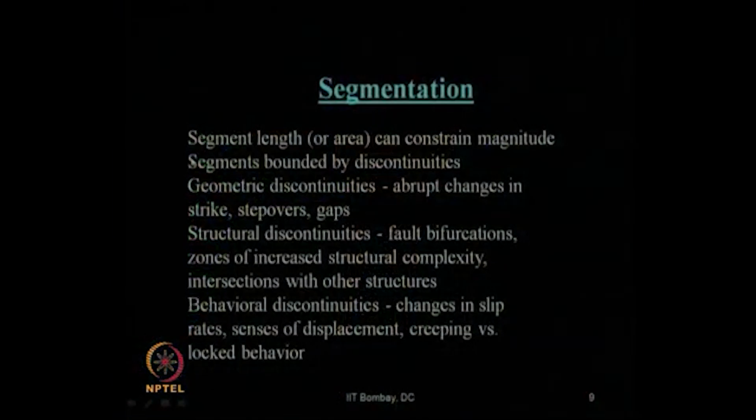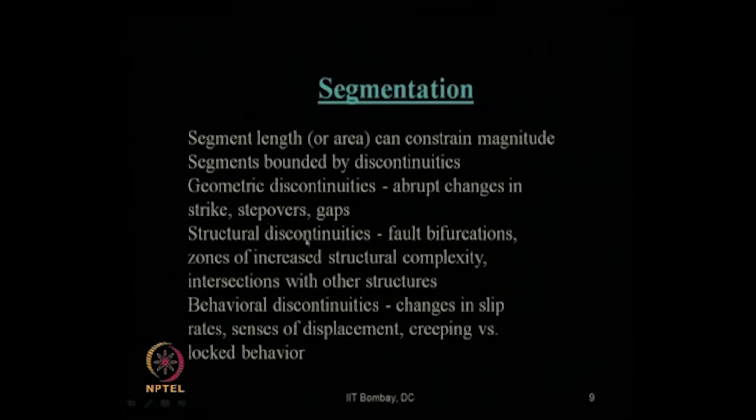So, in this slide we are looking at how segment length or area can constrain magnitude, with segments bounded by discontinuities. Geometric discontinuities, like an abrupt change in the strike, stepovers, gaps, etc., need to be considered.